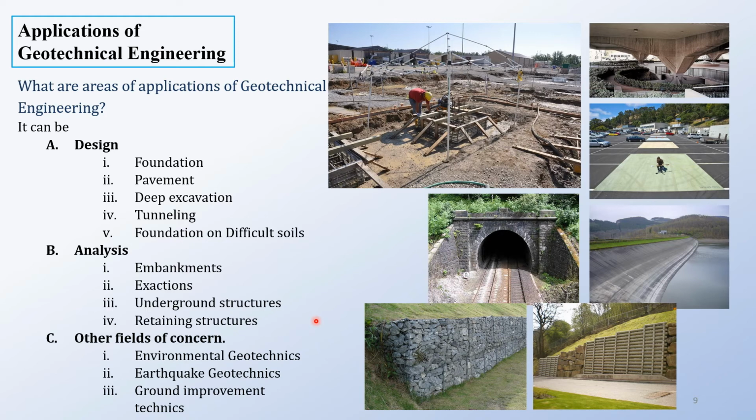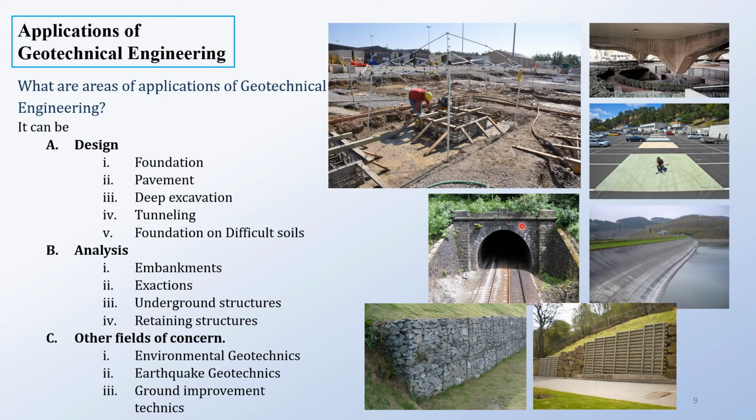Next is retaining structures. Retaining structures, there are a number of examples. The simple one over here, I have a rock retaining wall. It is retaining the soil on one side. Maybe here there is a natural slope and then they have made a road here. To take care of the road, they have constructed some retaining structure.